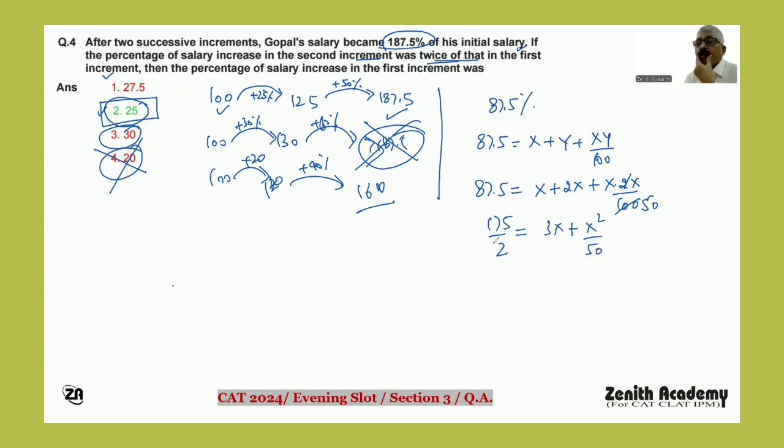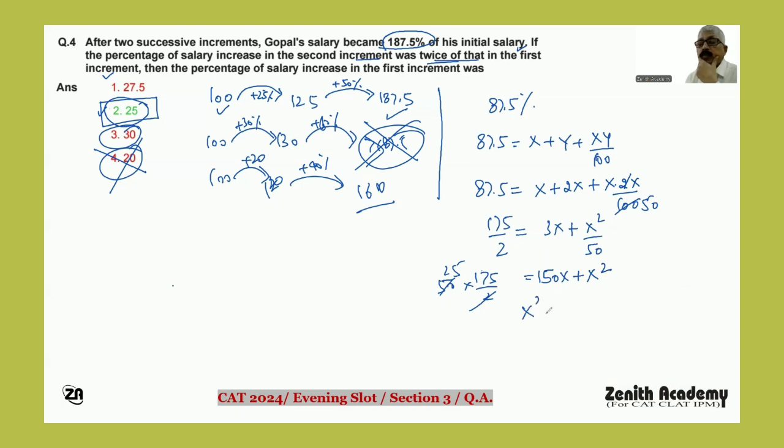So do one thing. Multiply by 50. We simplified it. So 175 ये हो जाएगा 150x plus x square, and here it is 175 by 2 into 50, it is 25.